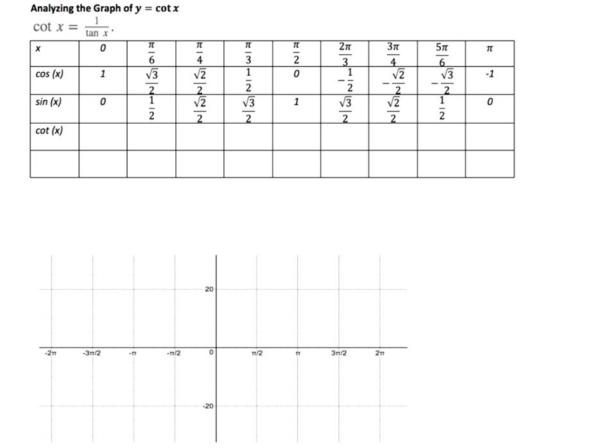Okay, so first thing I want to point out to you is that the cotangent is the reciprocal of tangent, but the tangent, remember, is sine over cosine. And when you do your fractional math, that comes out to mean that the cotangent is the cosine over the sine. Just a reciprocal.